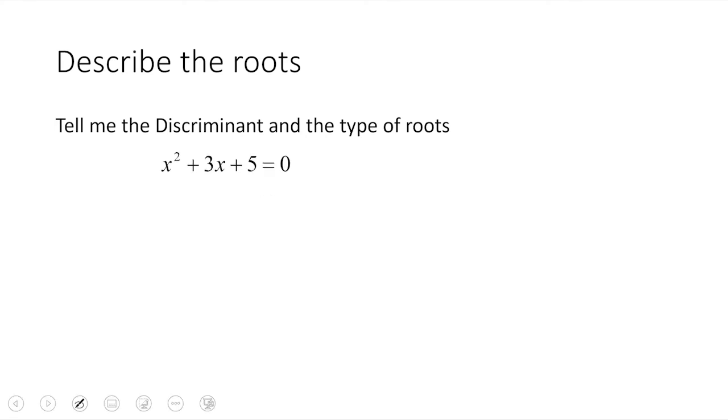Let's try another. Find the discriminant and the type of roots. Our function is x squared plus 3x plus 5 equals 0. To describe our roots, we must find the discriminant, b squared minus 4ac, where a is equal to 1 in this case, b is equal to 3, and c is equal to 5.